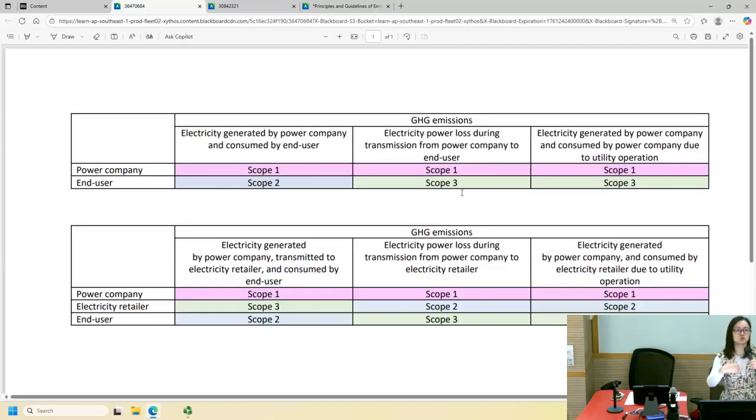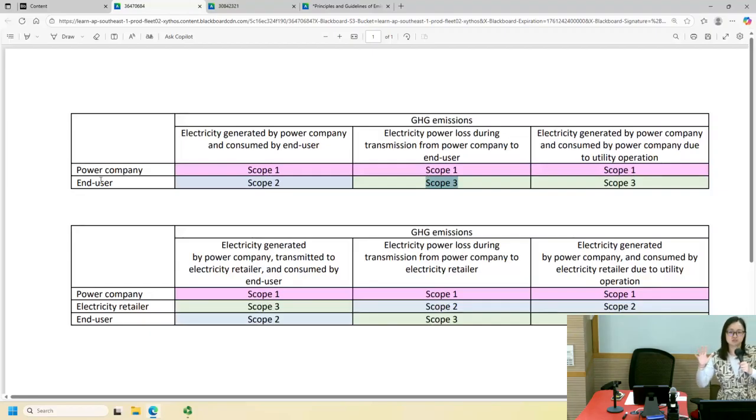And if you are the end user, maybe a company buying electricity from the utility, from the power company, and some of the transmission loss will indirectly contribute to greenhouse gas emissions, then these should be under scope 3 in the report by the end user, because these are transmission loss.